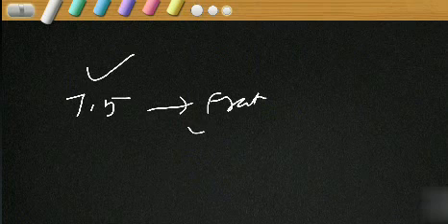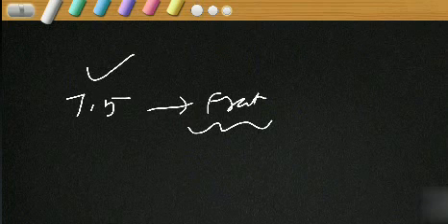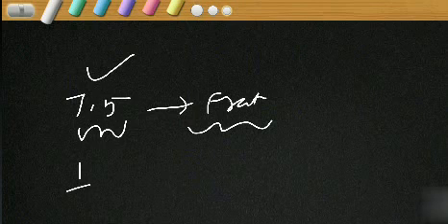So what we have to do? Any idea? Yes, first we have to check how many decimal places are there in the given decimal number. How many decimal places are here? Yes, only one decimal place.